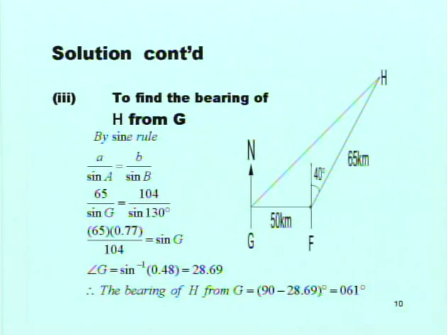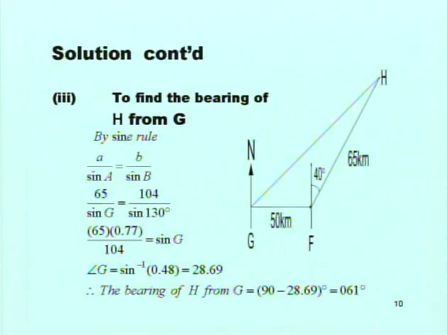This solution continues here. We are asked to find the bearing of H from G. Here we have to apply the sine rule, which states that a over sine A is equal to b over sine B. Substituting now, we'll have 65 over sine G is equal to 104 over sine 130 degrees.